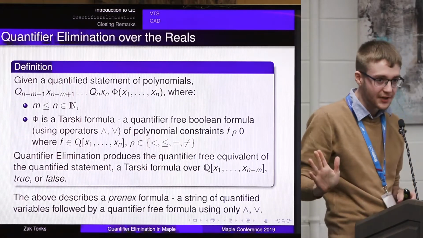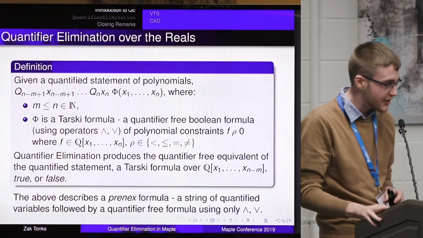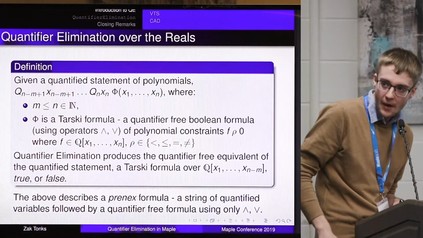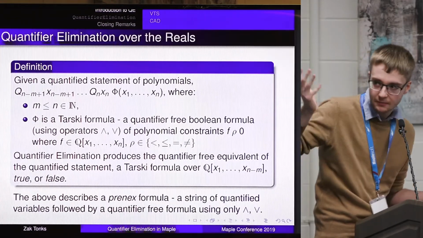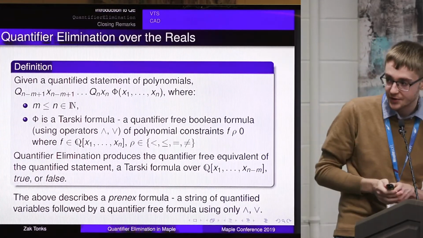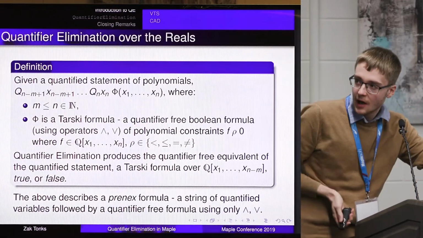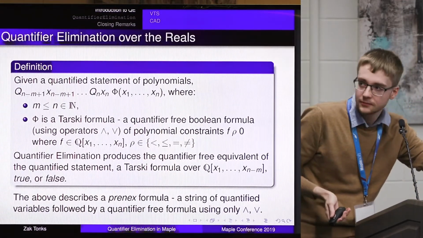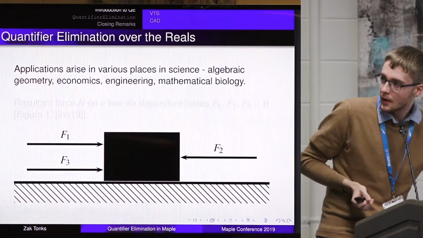In general, a non-prenex formula would be one where you have quantifiers distributed somewhere within Boolean operators, and you can also allow things like implies and not as Boolean operators. All the formulae I'll show you are prenex, but my package can deal with non-prenex in most cases.